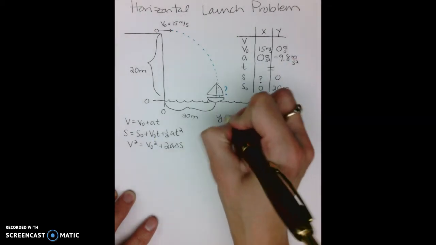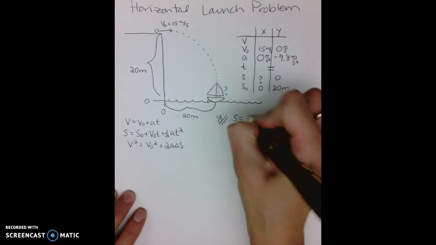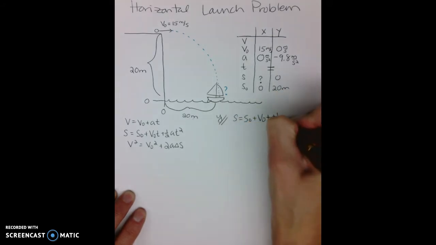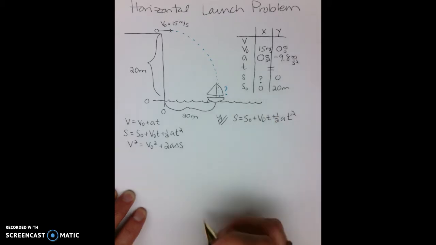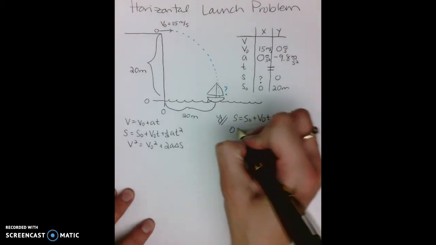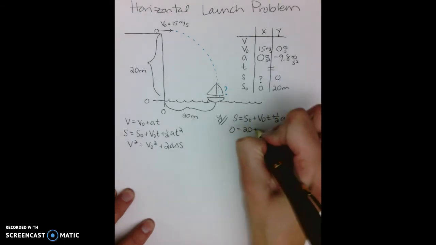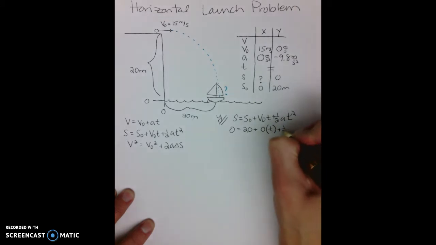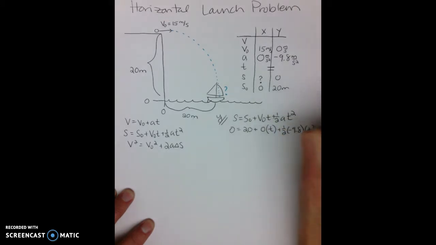So in the y direction, I'm going to use s is equal to s naught plus v naught t plus 1/2 a t squared. And then I'm going to plug in my variables. s is 0, s naught is 20, plus 0 times t, plus 1/2 negative 9.8 times t squared.